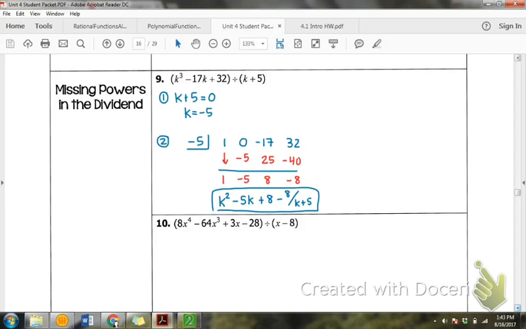On your homework, please. Number 1 and number 2, you're going to do by factoring.